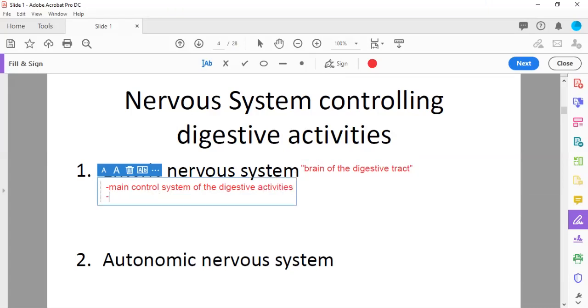Now, what is it composed of? It's composed of the myenteric plexus and the submucosal plexus.